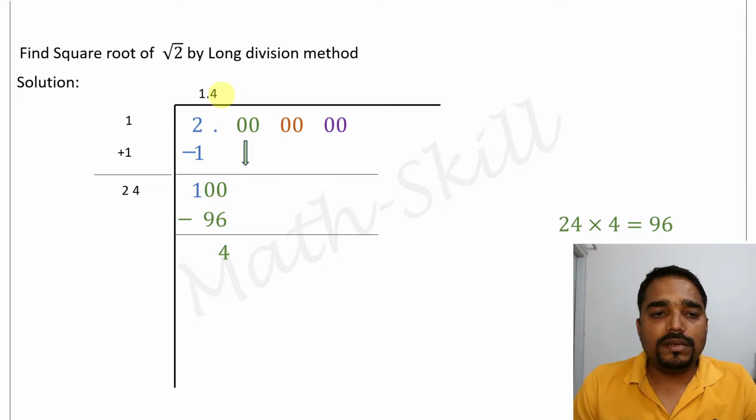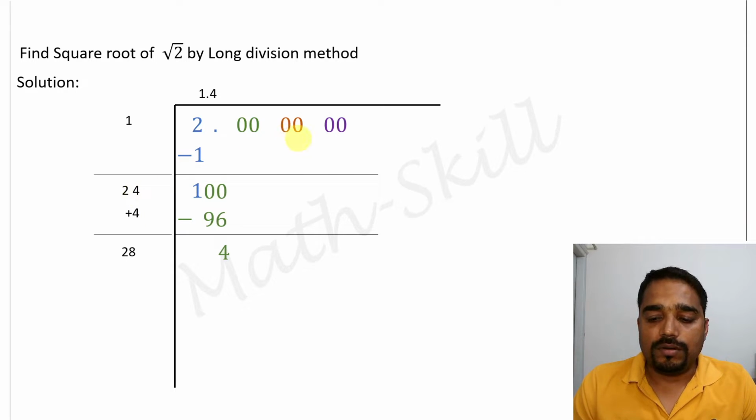Before proceeding further, let us add this number 4 to 24, that is 24 plus 4 is 28. Now let us take the next pair of zeros down. Upon taking the zeros down, along with 4, it would become 400. Now we will have to add a digit in the units place of 28 to make it a 3-digit number.